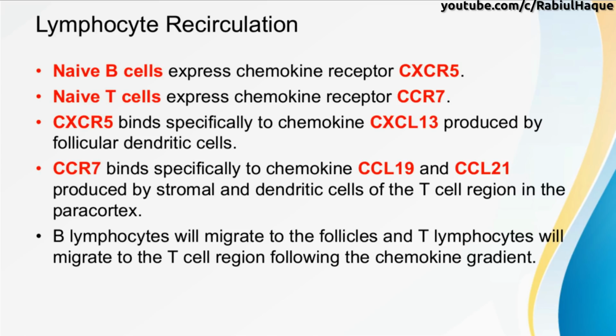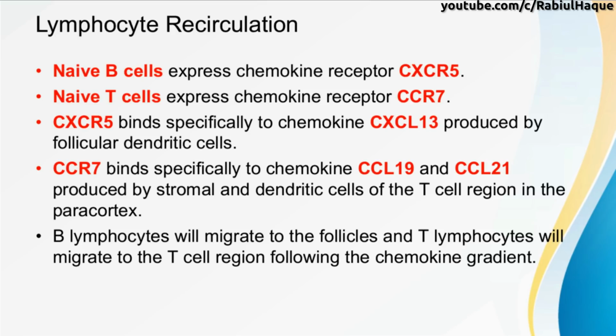Always remember, chemokine receptor CXCR5 tends to bind specifically to chemokine CXCL13 that is produced by follicular dendritic cells.